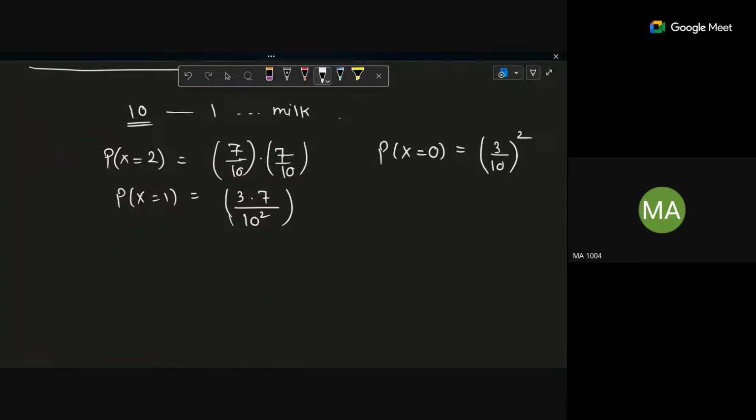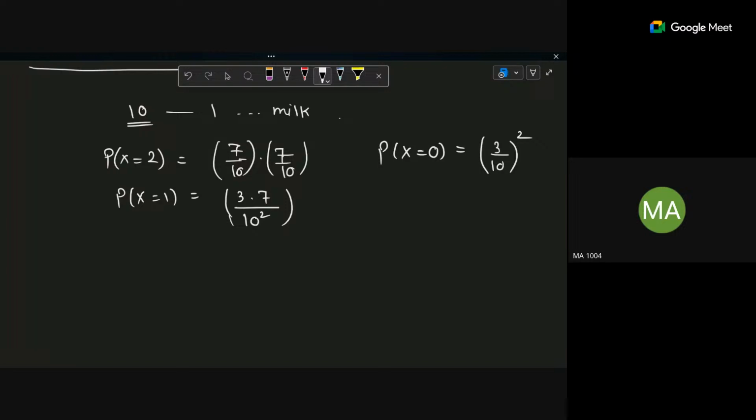The probability of getting the dark chocolate will always be 3 by 10, because you are replacing the chocolates. So just check whether this PMF is correct if you are selecting the chocolate with replacement. Order does not matter if it is with replacement.